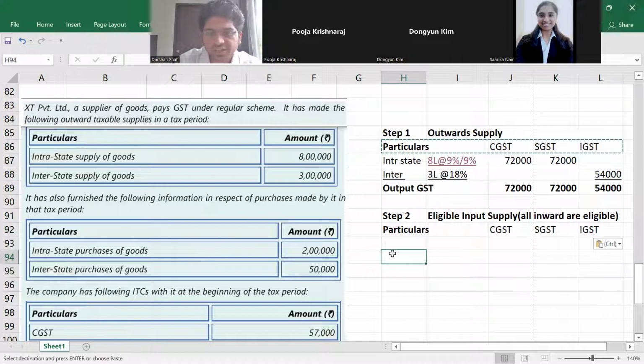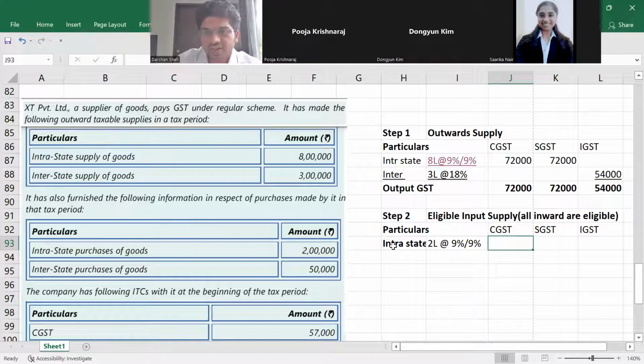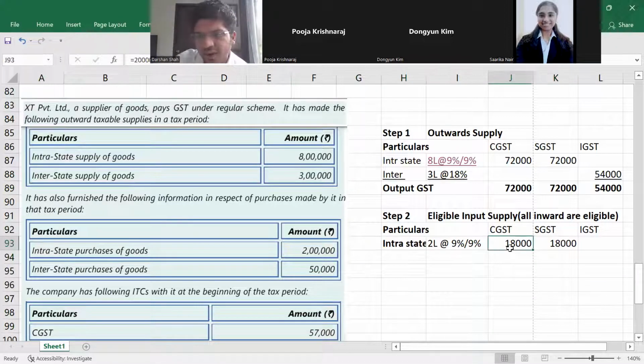Now intrastate, it is an intrastate. So again, the same thing. Intrastate 2 lakhs at 9%/9%. Because it was intrastate, we'll charge CGST and SGST. So 2 lakh into 9%, so 18,000 and 18,000. Intrastate will always be bifurcated between CGST and SGST.